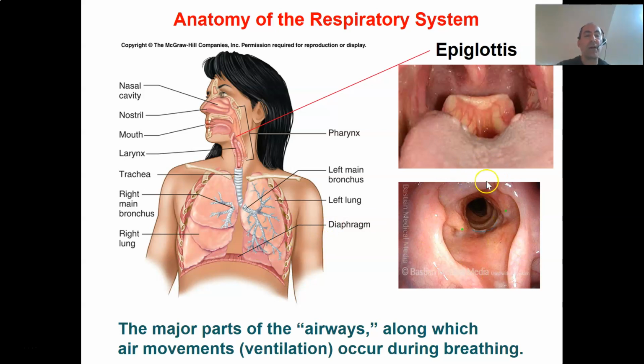This is a picture of the airway inside the trachea. Here you have the epiglottis. Here you have the tongue. And so here's the airway. The epiglottis covers the airway.